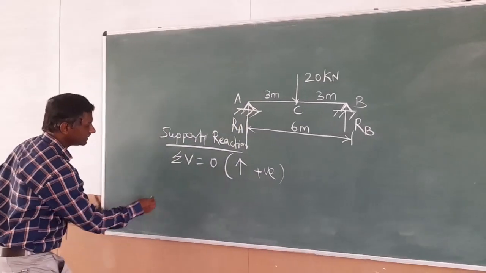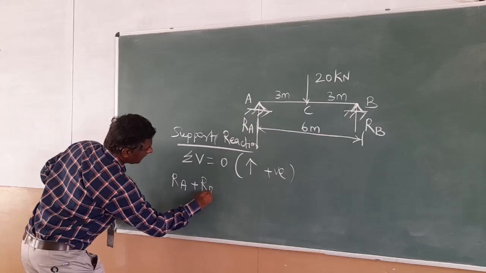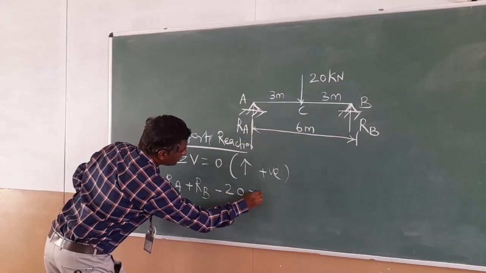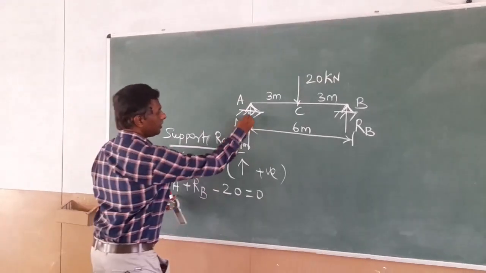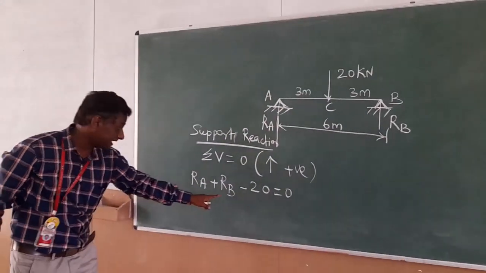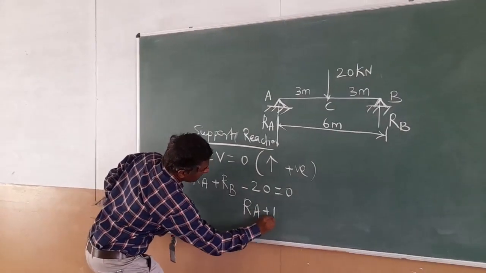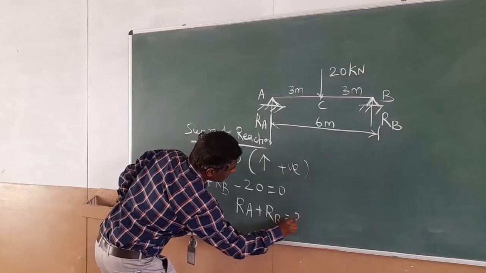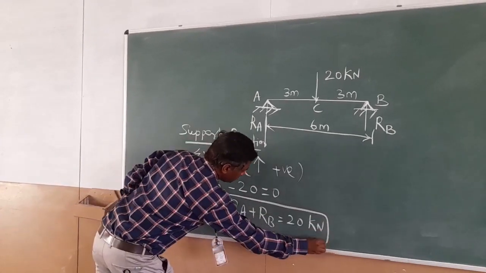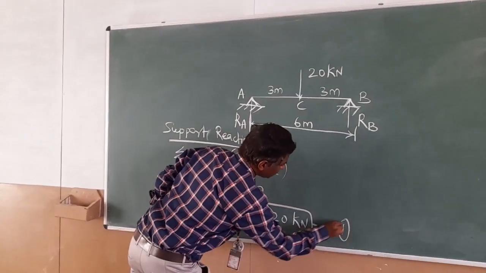So RA plus RB minus 20 is equal to 0. RA positive, RB positive, and 20 is downward, so negative. Finally, RA plus RB is equal to 20 kilonewton. So I have one equation. Let's take this as the first equation.